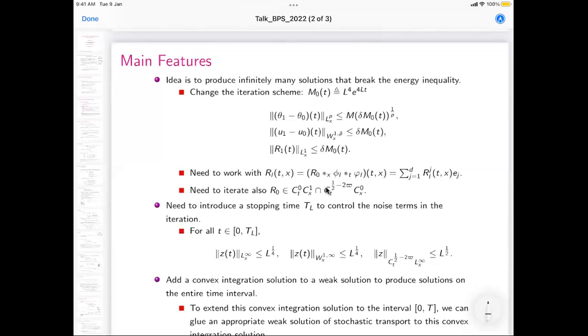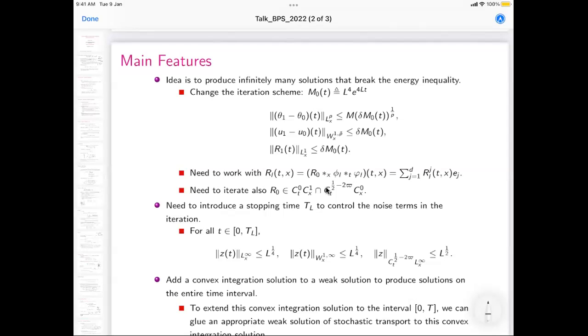I need to propagate something extra. These are potentially killer terms because I cannot expect R0 to be bounded in this norm. They will blow up, but I need to be careful: how do I patch up with the other smallness parameter here so that overall it gets small? I need to propagate the C1 norm in space and also the C alpha norm in time. This is just to get an explicit rate for the convergence of R.